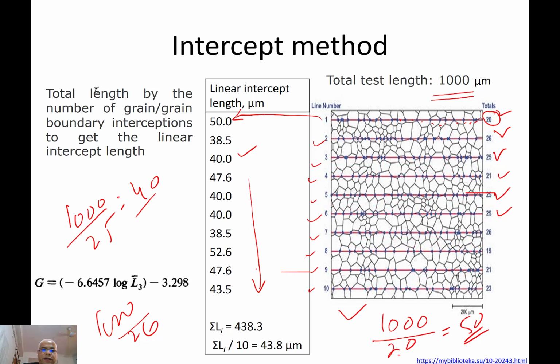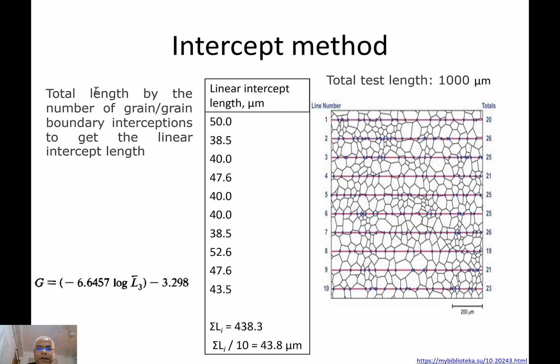Then to come up with the average value of the intercept length, since we have used 10 test lines and the intercept length of each was different, we average out the grain size.